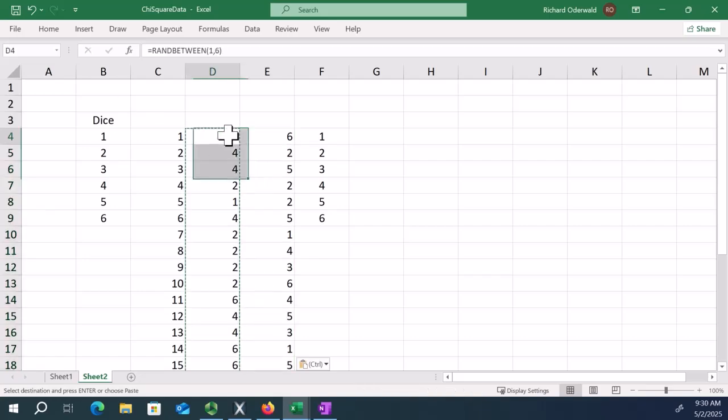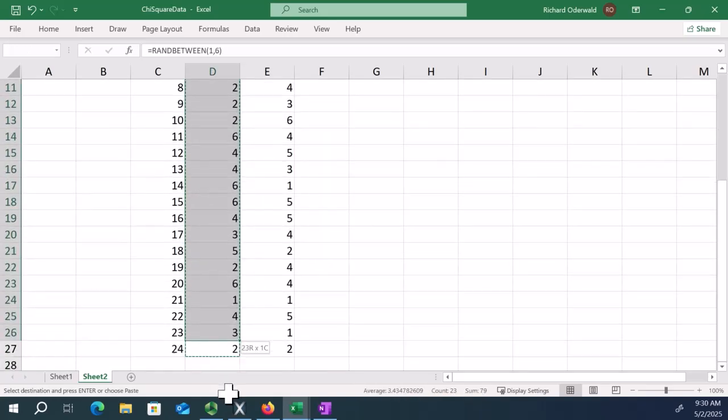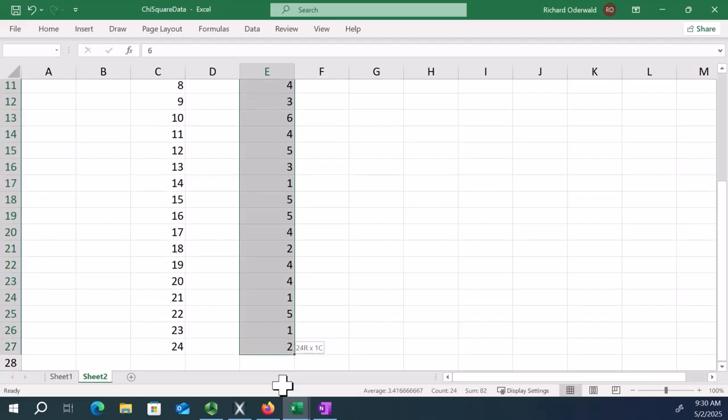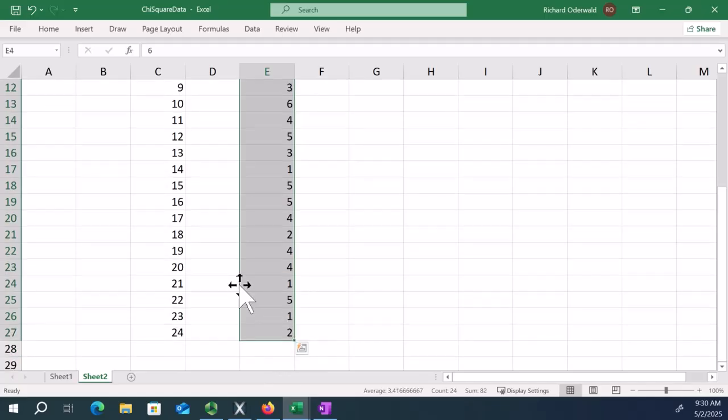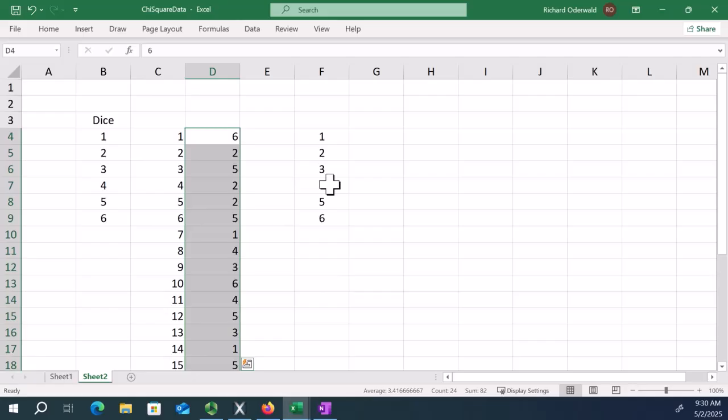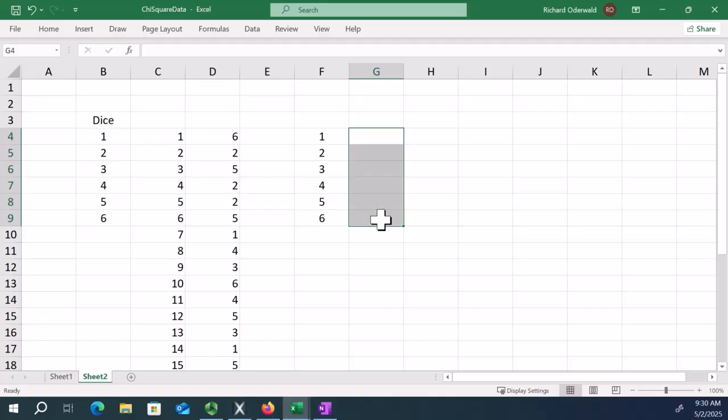I actually don't need the random numbers anymore. I'm going to delete those and move this over 1. Let's do the FREQUENCY command.